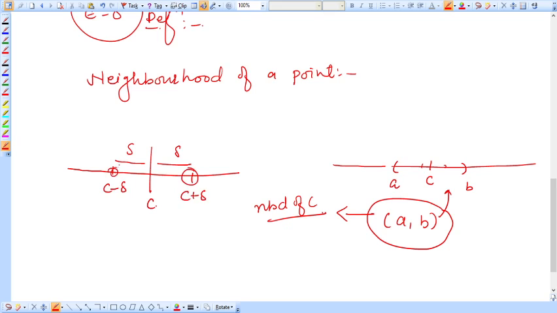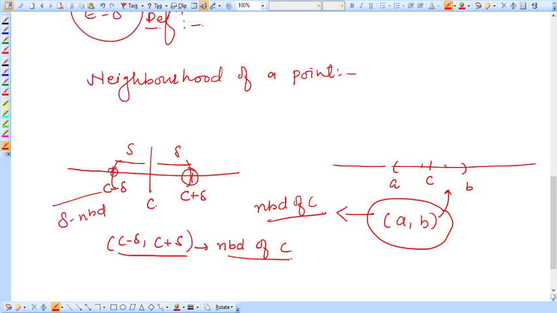If I now consider this interval C minus delta to C plus delta, this is again a neighborhood of C, where the distance of the farthest point is delta. That's why this neighborhood is known as a delta neighborhood, because the length of the neighborhood is delta.